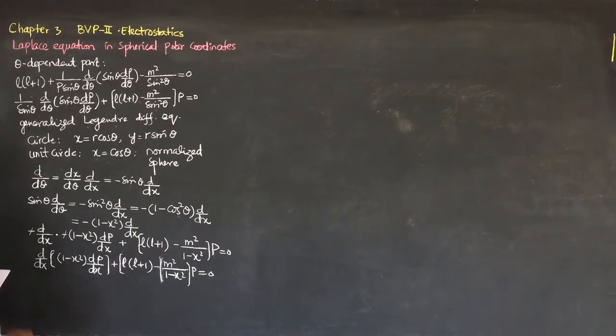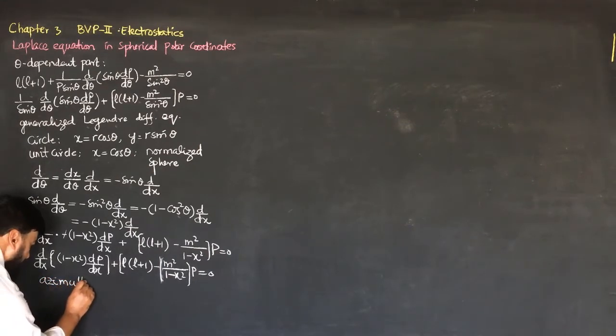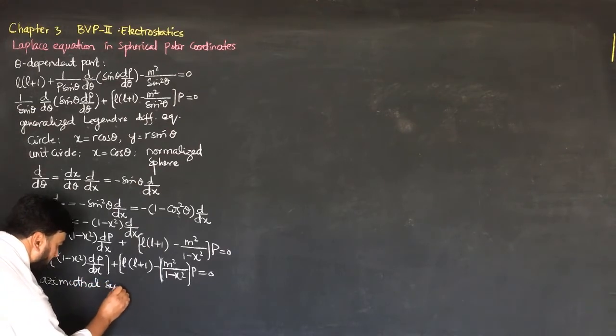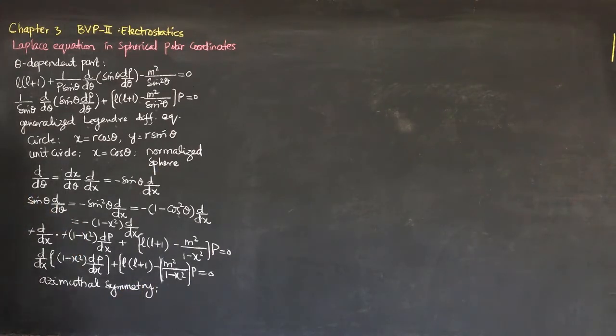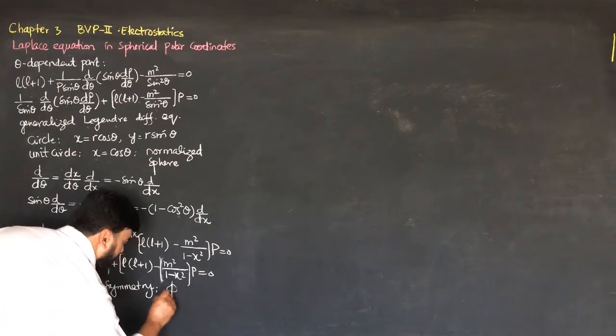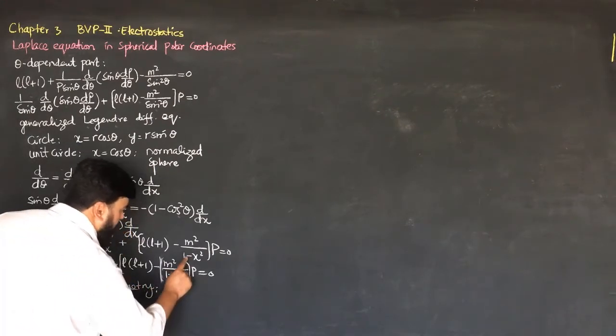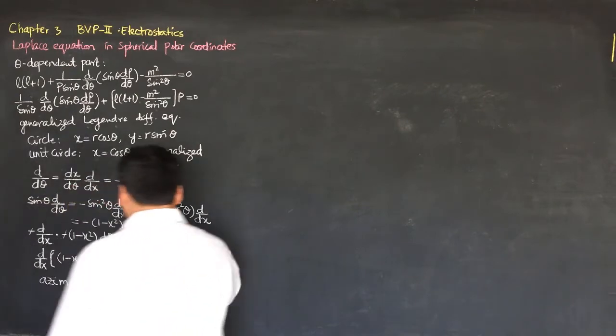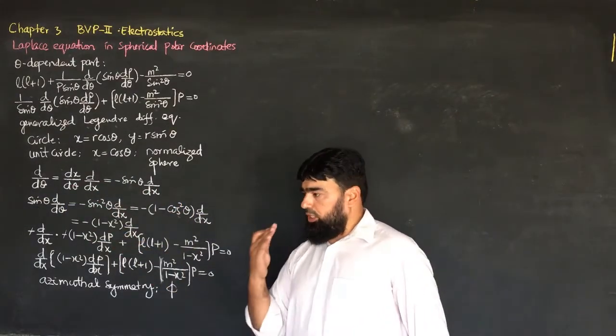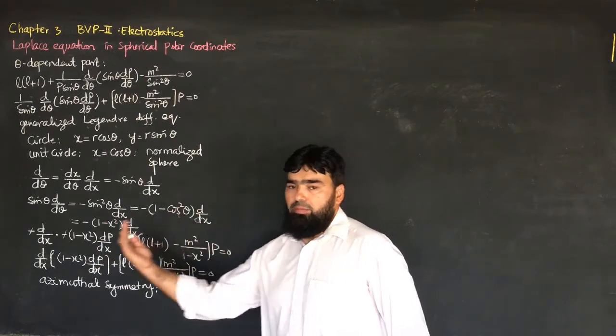With this equation, now we assume the azimuthal symmetry. The azimuthal symmetry is dependent on phi, and phi is a function of m here. The azimuthal angle is actually phi, which is changing in the plane.